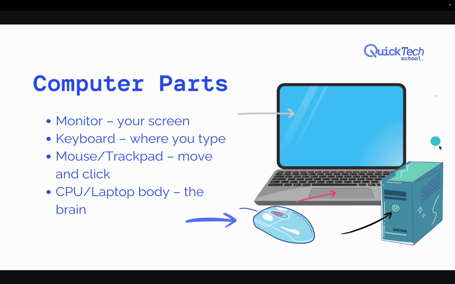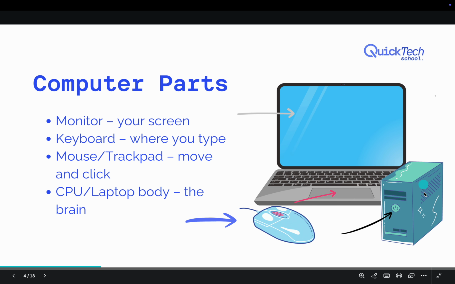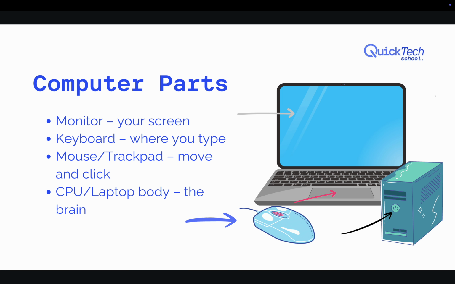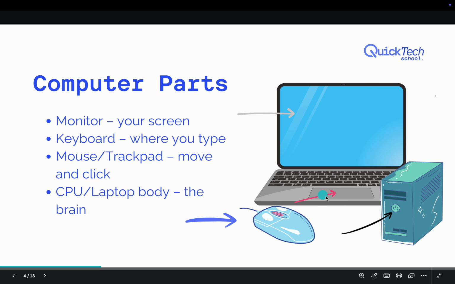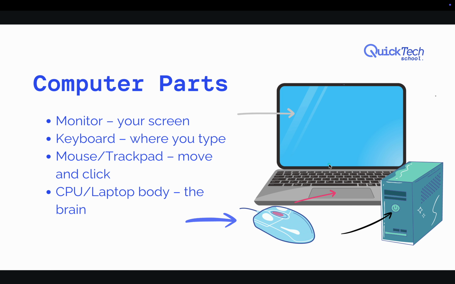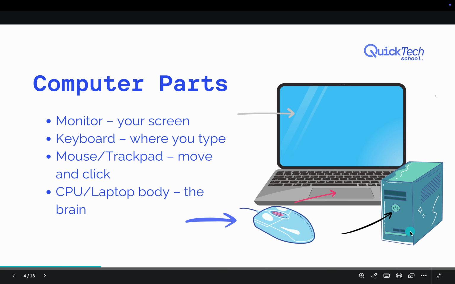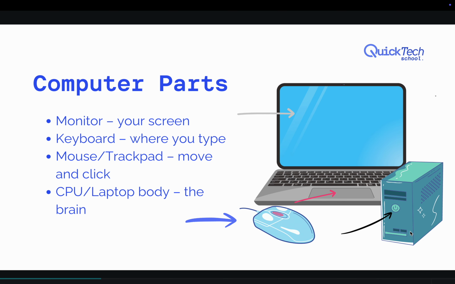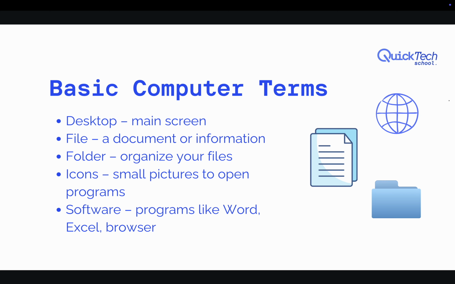So this thing that we usually see as very big, in this picture it looks small, usually it's very big. This is where all of the processing takes place. In a laptop, it just takes place within the laptop itself. But in a CPU, all of the processing, all of the thinking that the laptop is doing, is inside of the CPU.